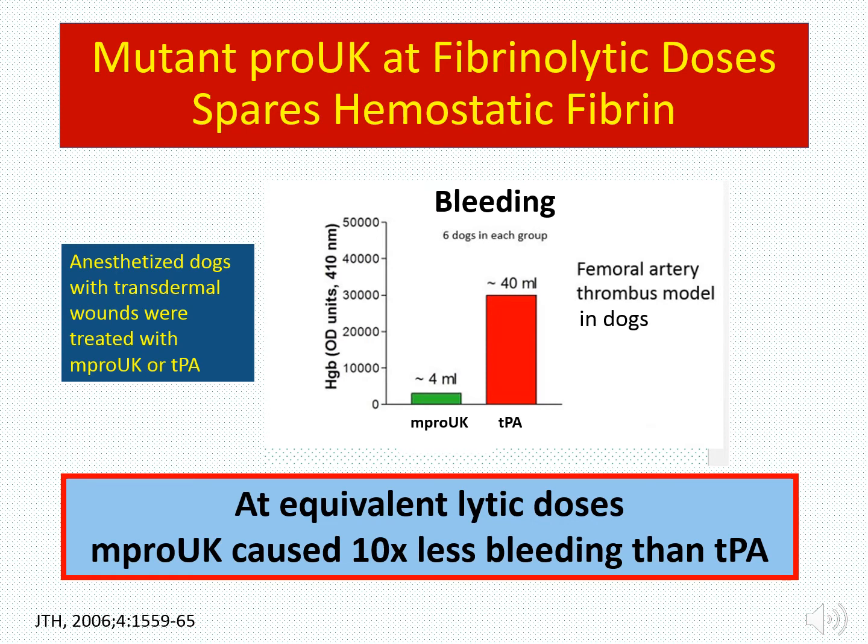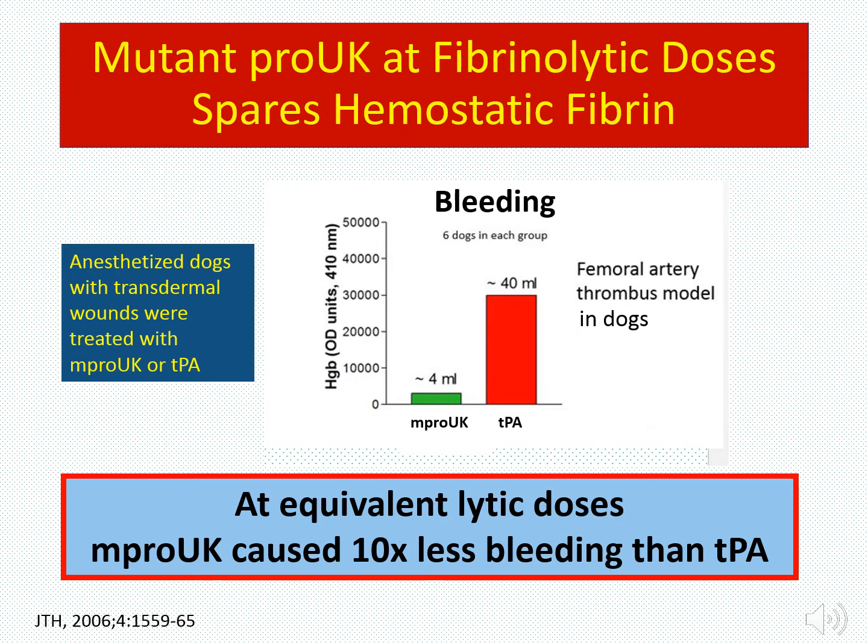In this experiment, TPA and pro-UK were compared for their fibrinolytic activity and their bleeding hemorrhagic tendency. Anesthetized dogs with transdermal abdominal incisions were infused with M pro-UK or TPA at equivalent thrombolytic doses.